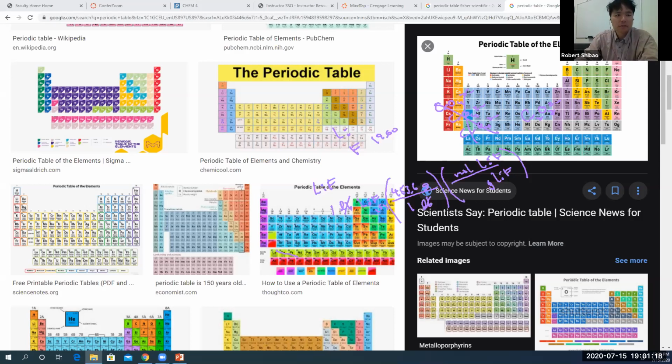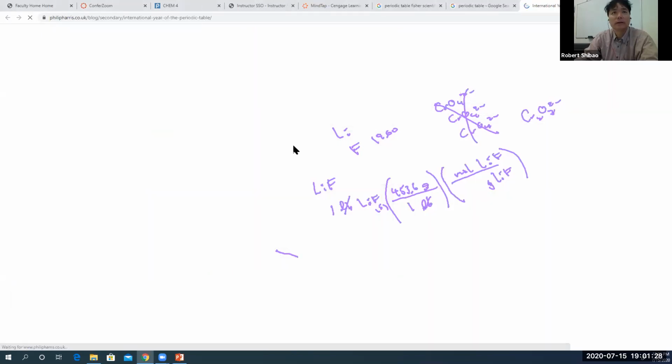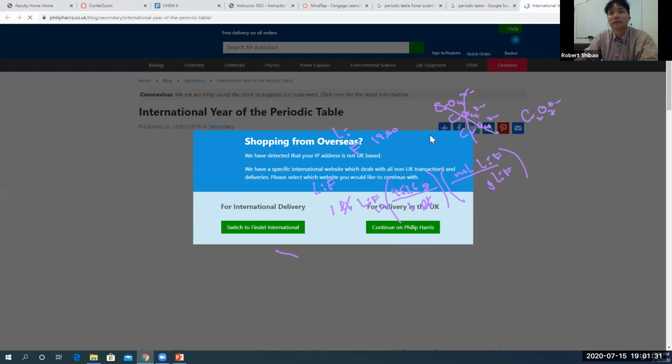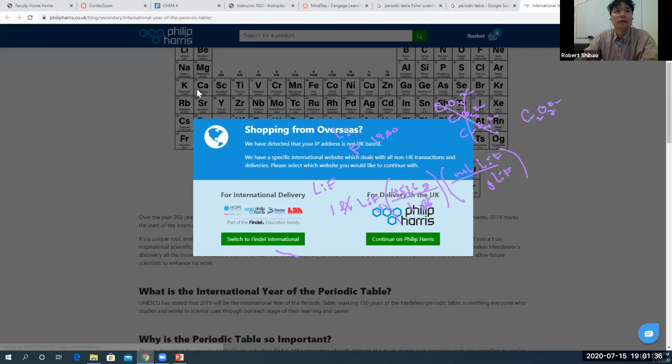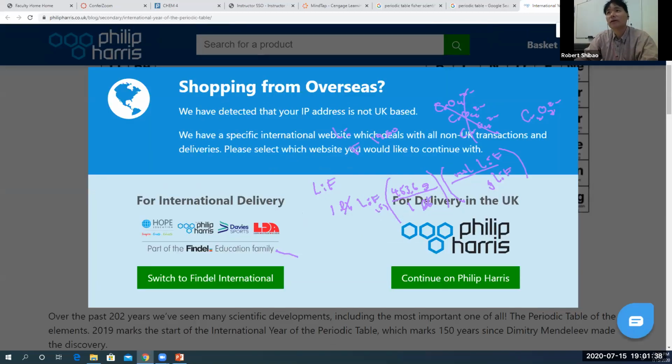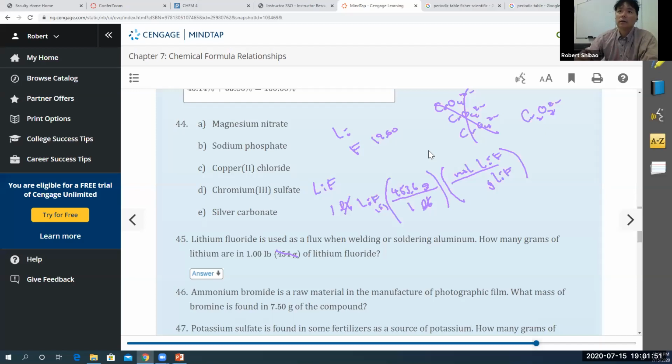Well, I had a PDF of the periodic table. I must have done some house cleaning and gotten rid of it. Let's see. Hopefully this one doesn't give me a whole bunch of advertising. Find a decent periodic table. Lithium is 6.94.